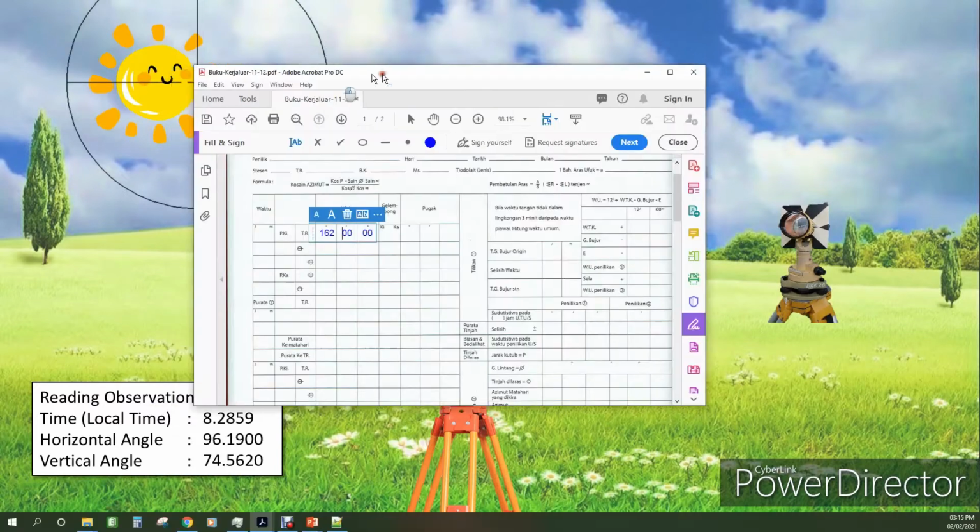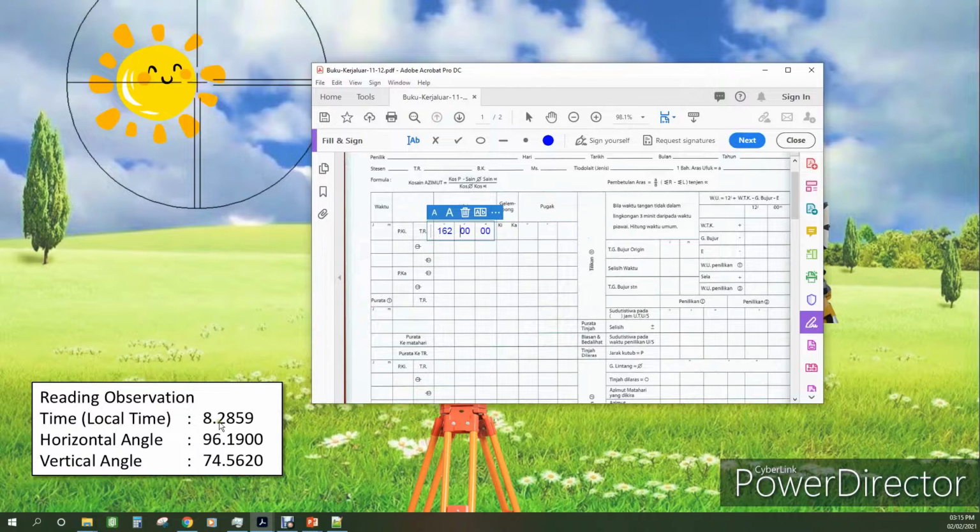We get a reading at the time of 28 minutes and 59 seconds, so we jot down the time here, 28:59, and the horizontal angle on the right hand side, 96, 19, 00. For the vertical angle, we also jot down 74, 56, 20 in the column of buka.